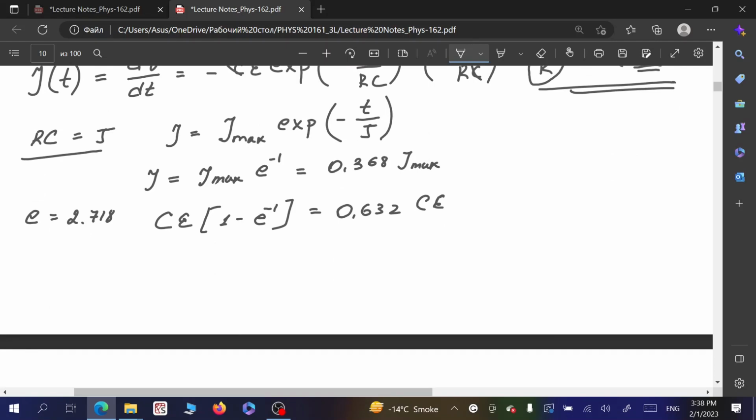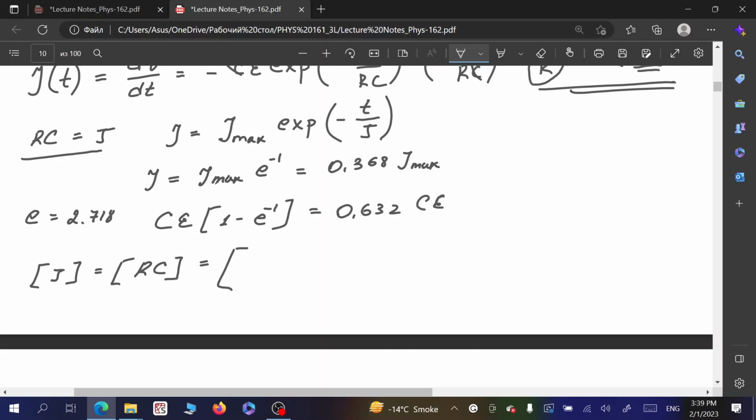So if we consider, for instance, units for this parameter tau, that is units for resistance times capacitance. So how do we define resistance?